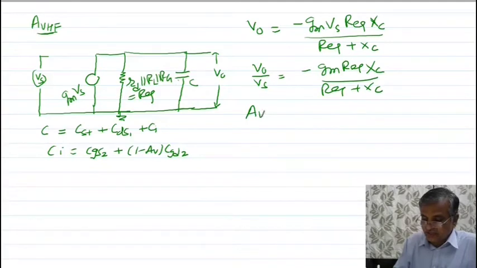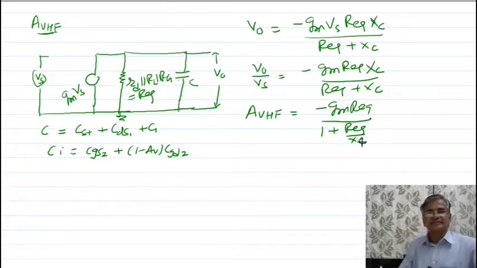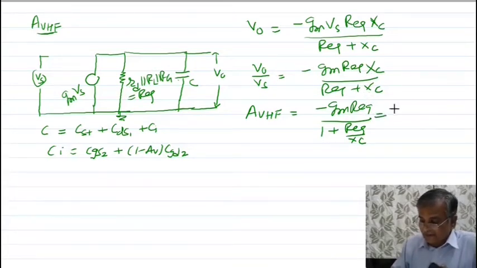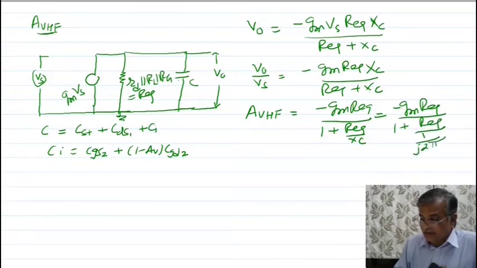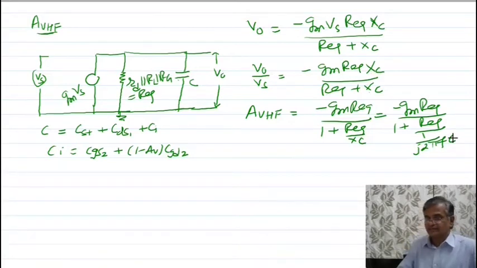This is the voltage gain at high frequency, minus GM R equivalent upon, if you divide by XC, 1 plus R equivalent upon XC. So I can write this as minus GM R equivalent upon 1 plus R equivalent upon 1 by j2 pi FC. This is the reactance I have written.